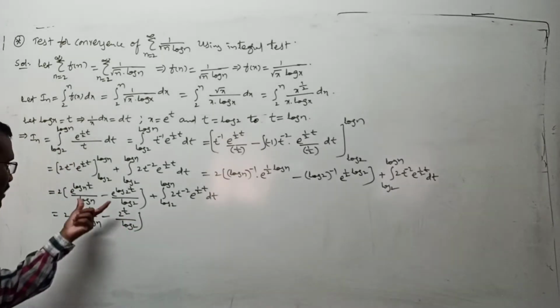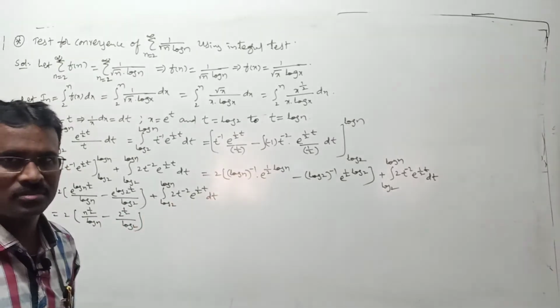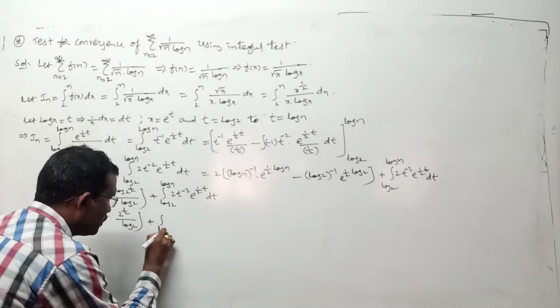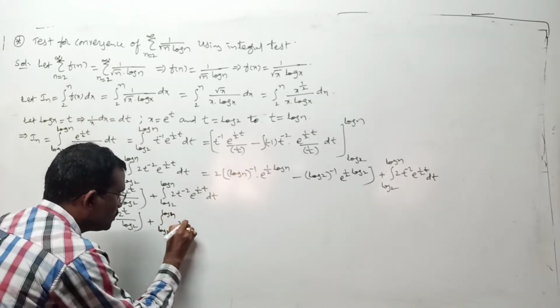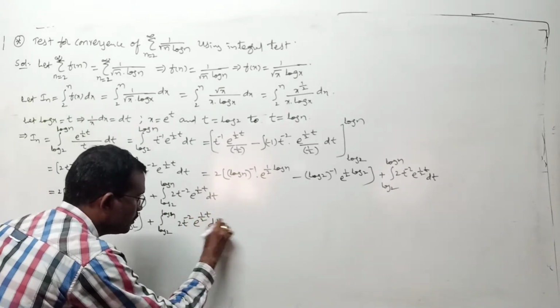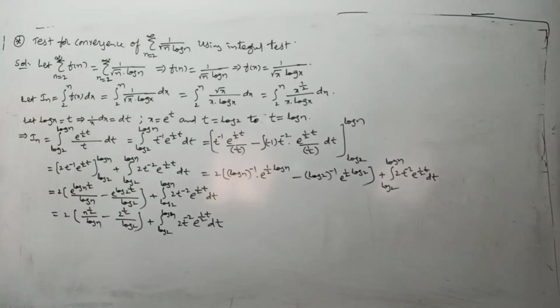In our material I taken this one separately, only I did this work because this remains as it is, but here I am doing continuously, plus integral log 2 to log n. I am not changing this, I want to keep as it is until the end step. This integration don't do, keep it as it is, right? This is in result, ma, right?